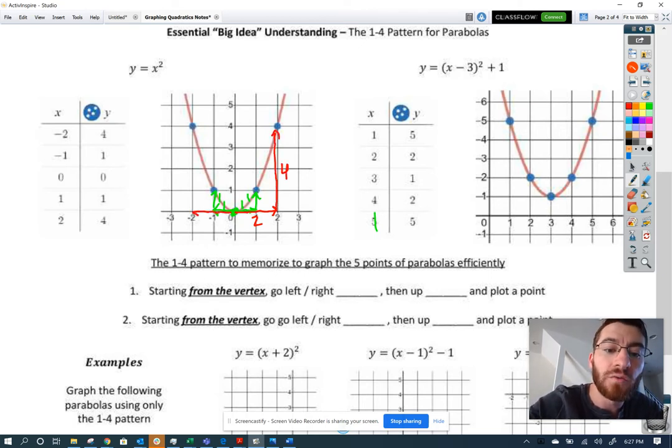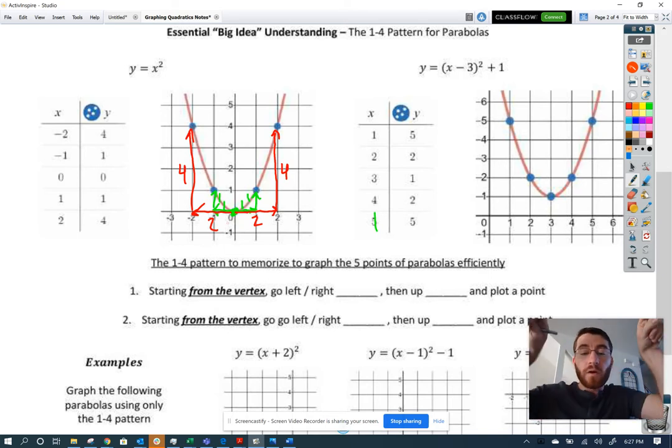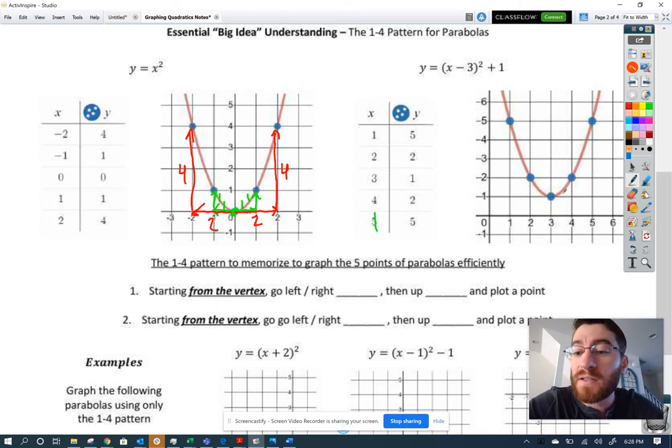Okay? So this pattern of 1, 1, 2, 4, starting from the origin, is a pattern where if you follow it, you can graph any parabola that doesn't have what's called a vertical stretch or vertical compression. So any normal parabola.